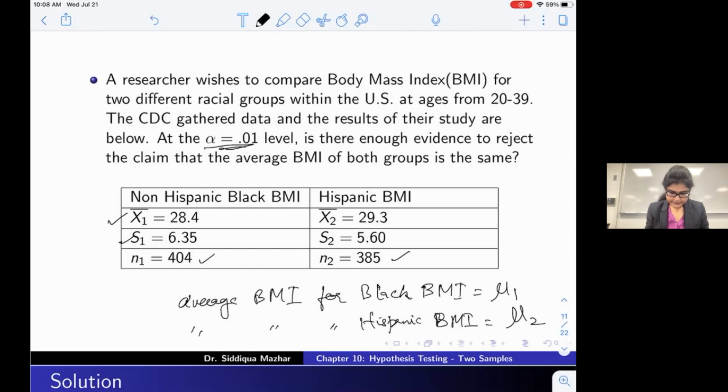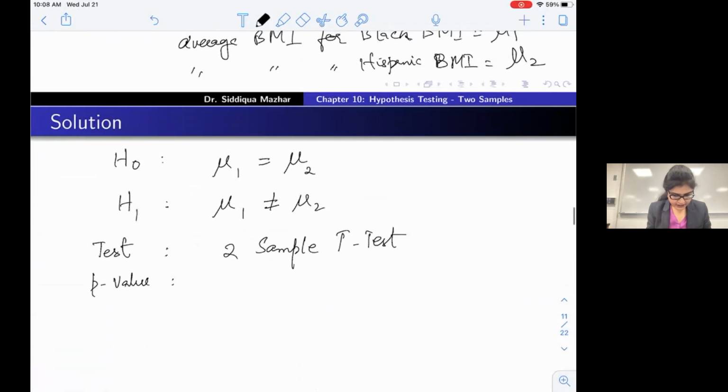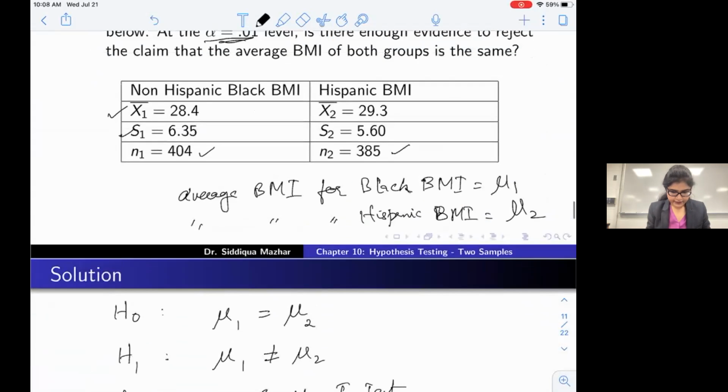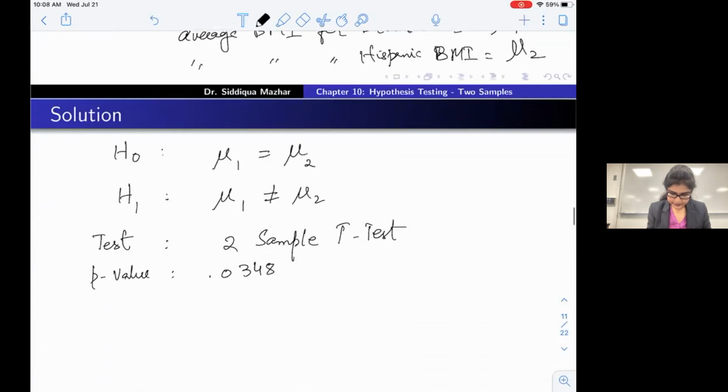When I calculated, I have the value of P, which is 0.0348. So what is my alpha? Alpha in your question is 0.01. So it means the P value is greater than alpha.